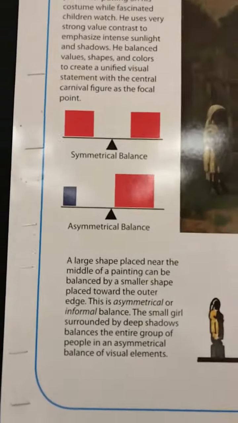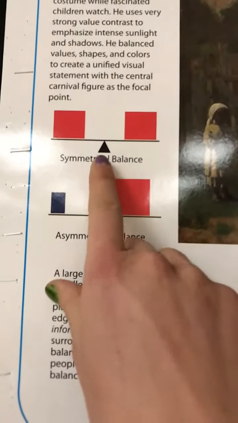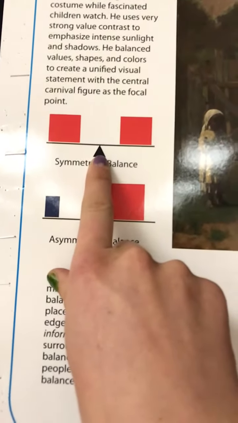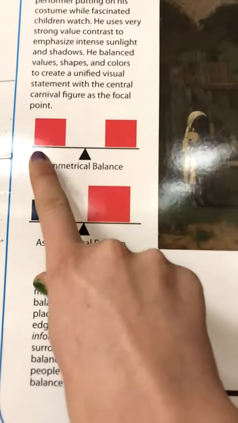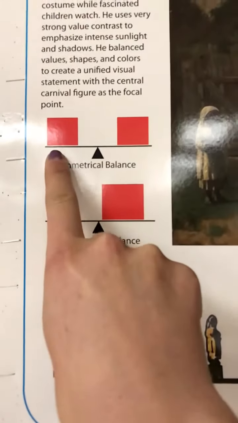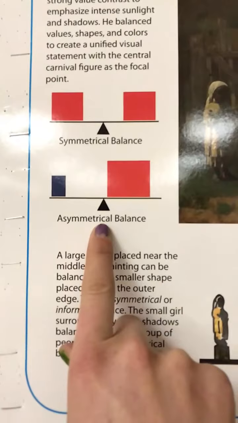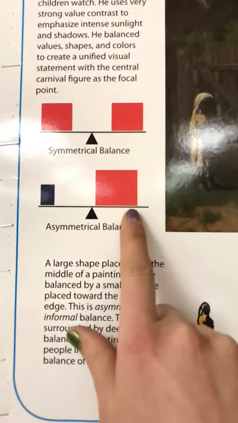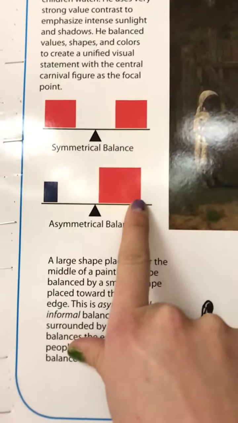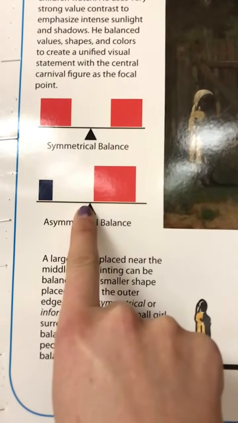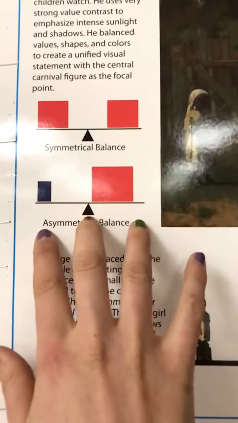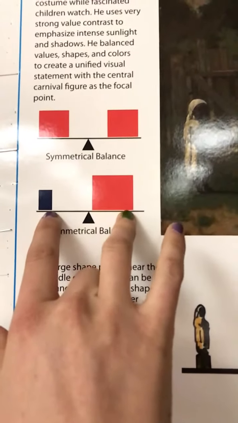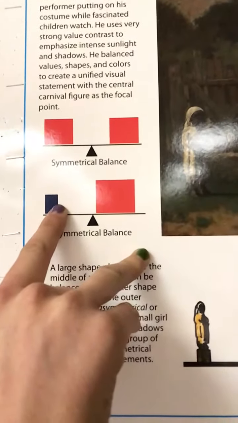So here is our seesaw. Here's the center point. Here's our symmetrical balance. Both sides are of equal weight. And here's our asymmetrical balance. One side is heavier than the other side, but what they've done with the heavier side is they've moved it towards the center point, so it looks as if this seesaw is not going to tip over like that.